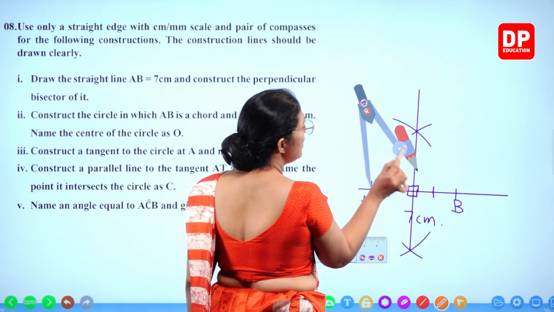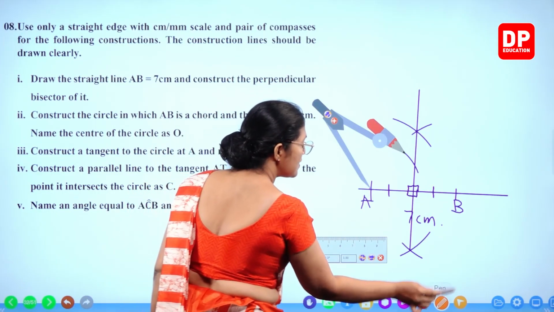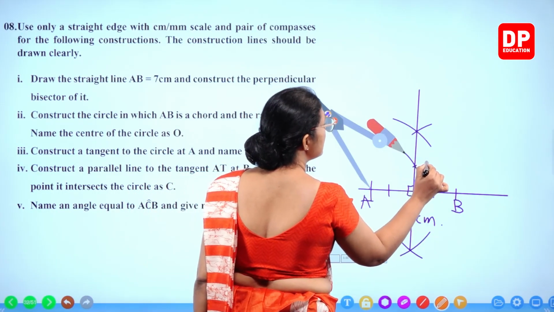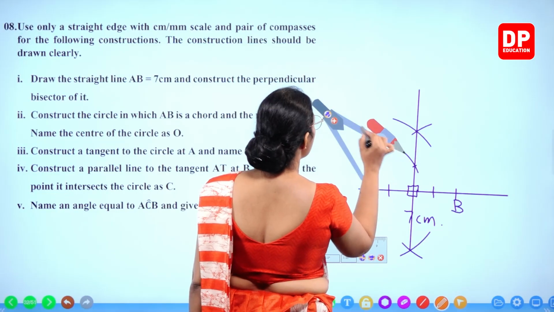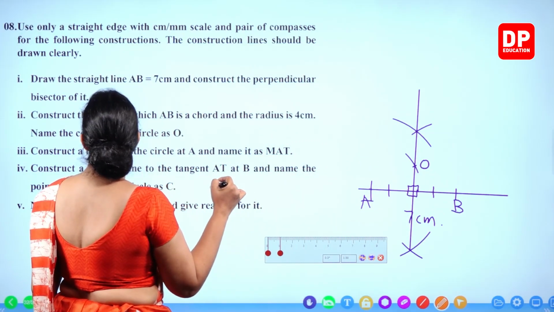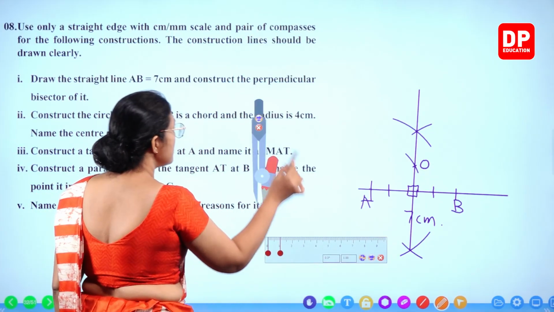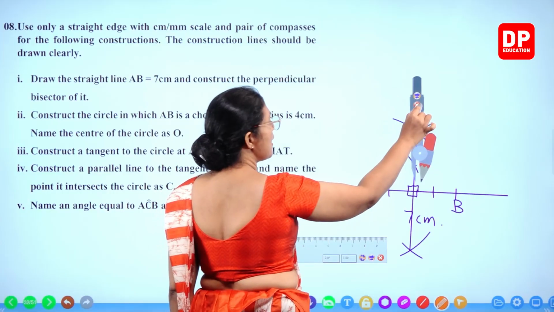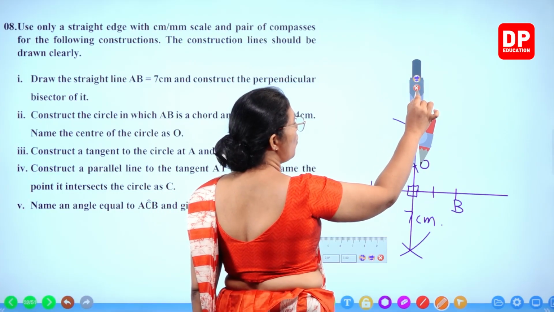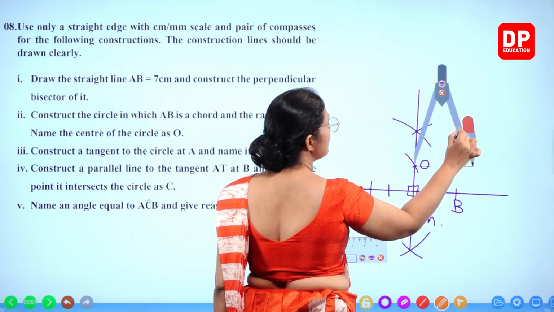So from here, that's 4 centimeter length. So this is the center of the circle, that's O. And you can construct the circle now. Take the compass, keep on top of O. O is the center, and OA or OB you can take as the radius.